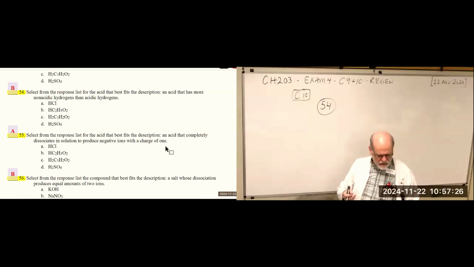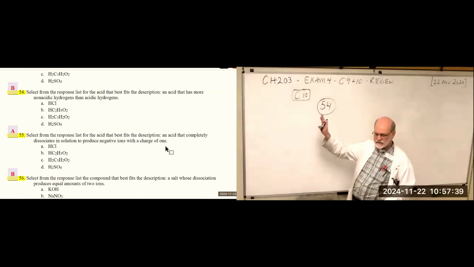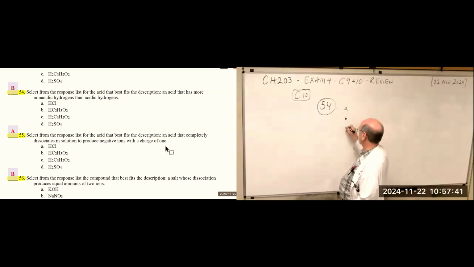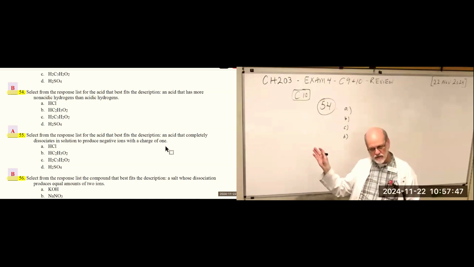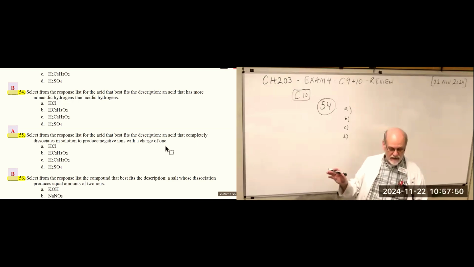Select from the response list the acid that best fits the description: an acid that has more non-acidic hydrogens than acidic hydrogens. So the acidic hydrogens are the ones that are listed first. And the non-acidic ones are the other ones listed to the right in the rest of the molecule.